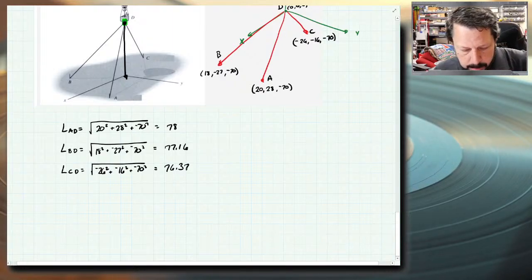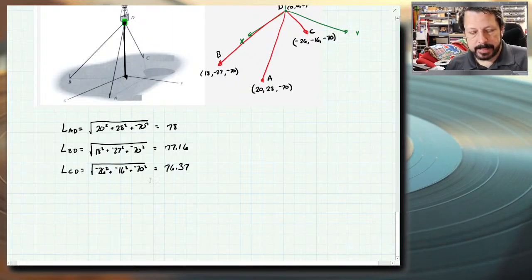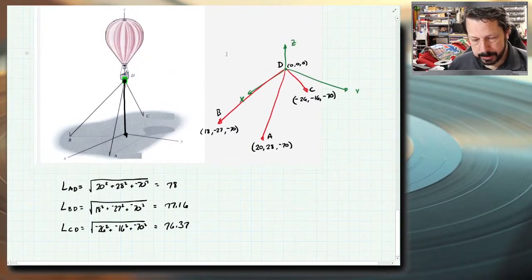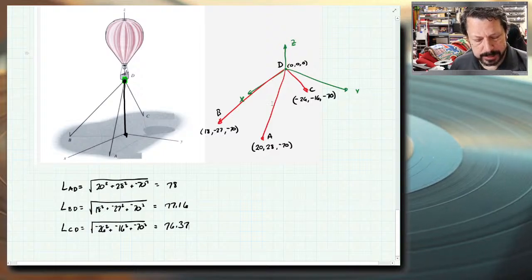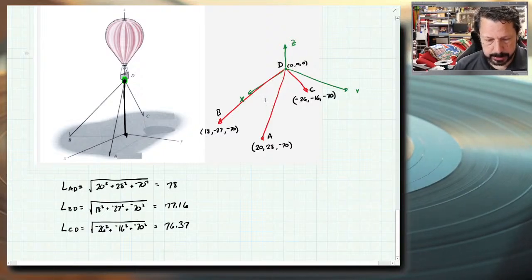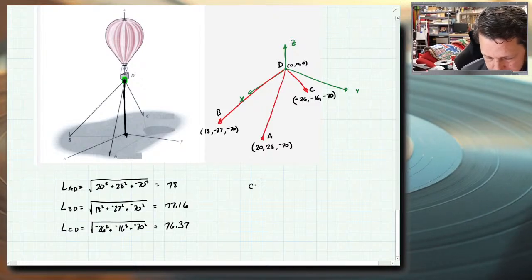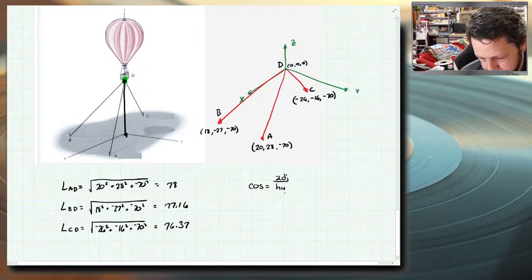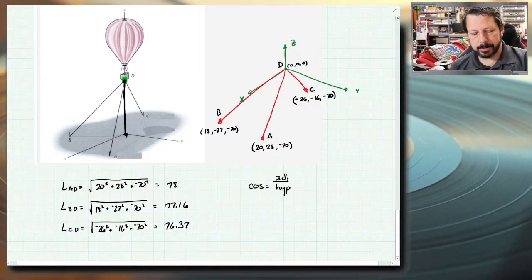Okay. So these are the lengths of the cables, and again, the cables in this case are representing forces in the cables, and what we need the length for is that's going to be the hypotenuse in our equation to calculate cosine equals adjacent side over hypotenuse, and these are the hypotenuse values for any of the cosines that we need.